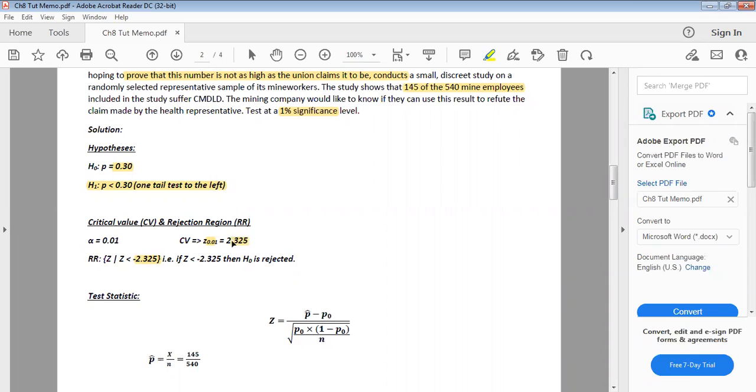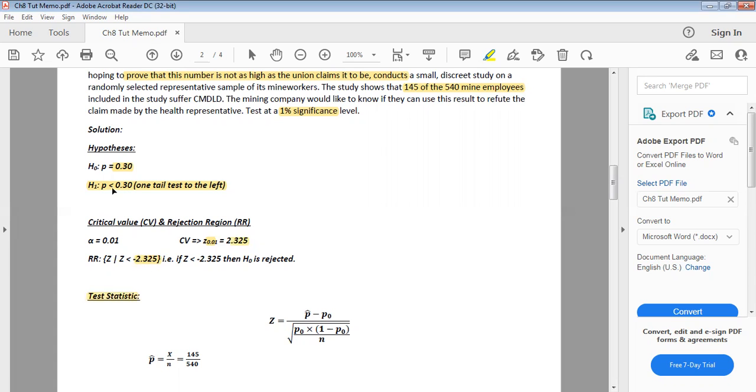Okay, so that's your critical value, but then they're asking you for something that is less, remember? So for your critical value, your Z value, to conclude, you need the Z statistic here. The Z statistic must be less than negative 2.325.